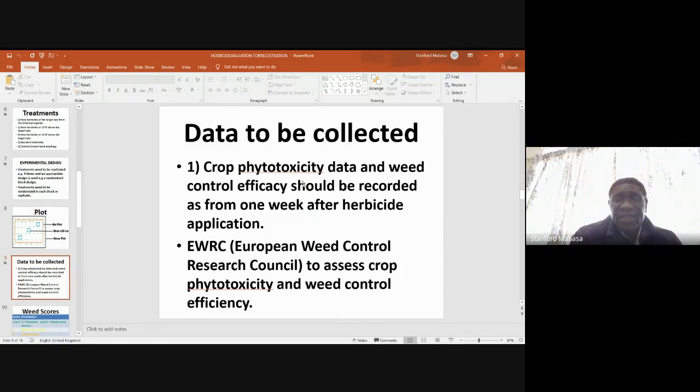So what sort of data is to be collected for this study? We need the crop phytotoxicity data, and weed control efficacy should be recorded from 1 week after herbicide application. The EWRC, European Weed Research Council, scores are used to assess crop phytotoxicity and weed control efficiency.